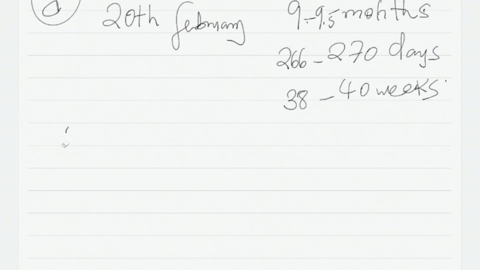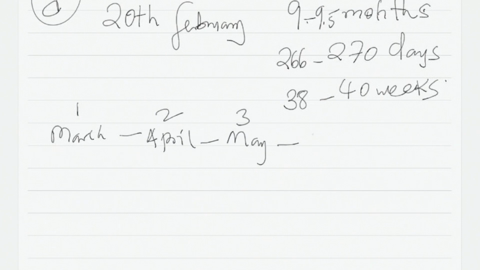March, that's 1 month. April, second month. May, that is third month. And June, fourth month. July, fifth month.